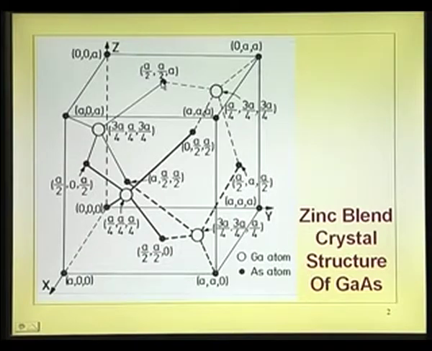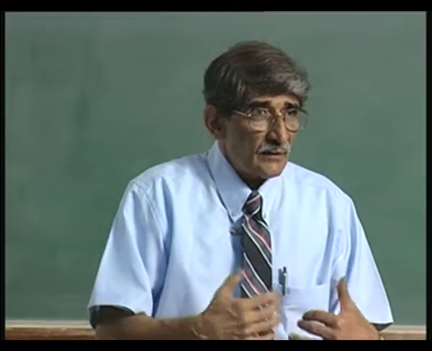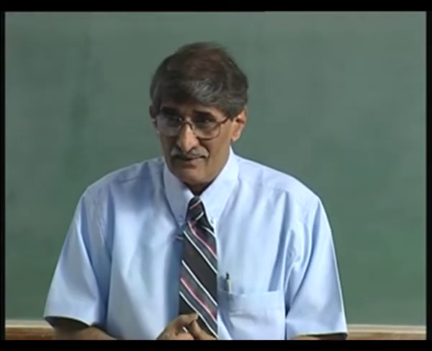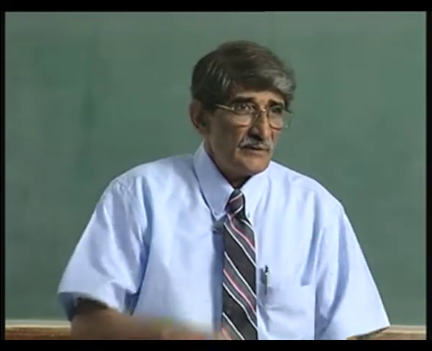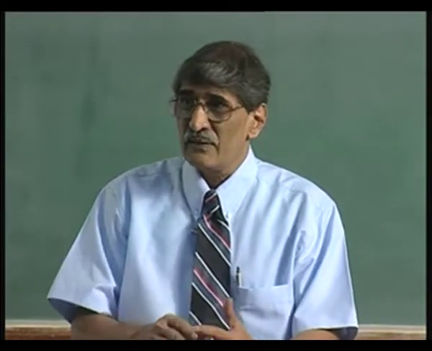There are actually 6 faces. You can also have body centered cubic, where there is an atom at the center of the cube. So, simple cubic, face centered, body centered.